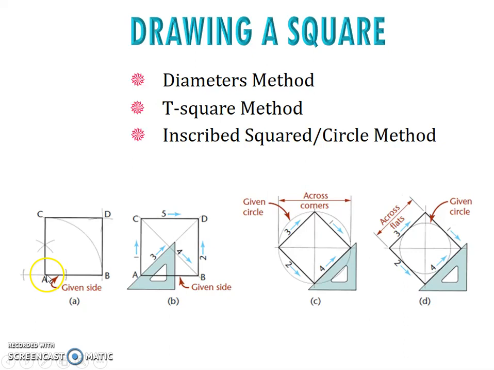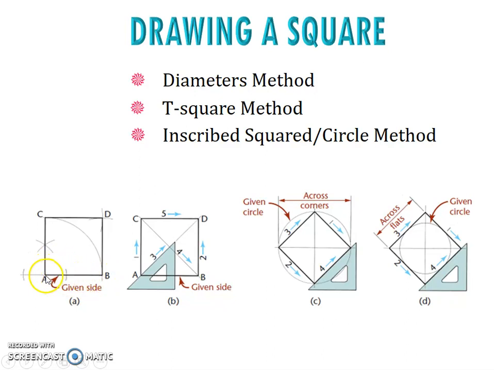Then extend the line a little bit and use any dimension to construct an arc here, then construct an arc over here, and put the compass here and arc another here. So then you will be able to draw the line going up, so that you get a 90-degree line over here.